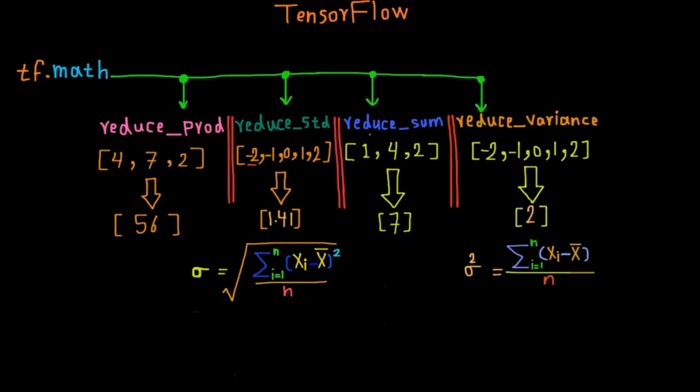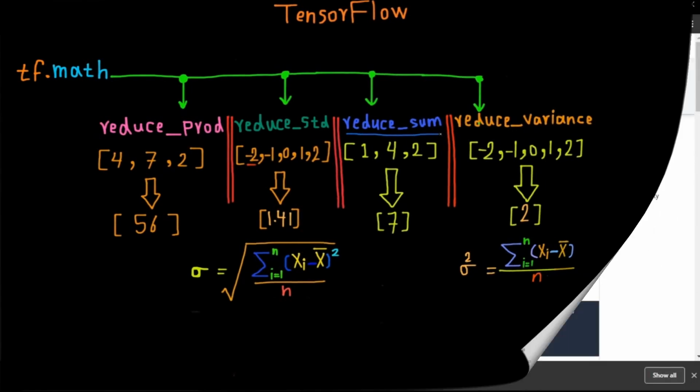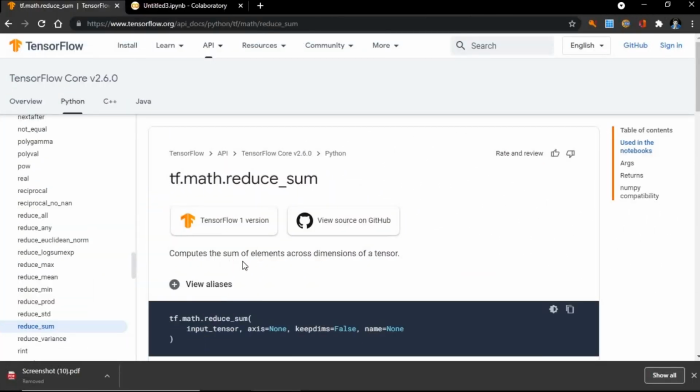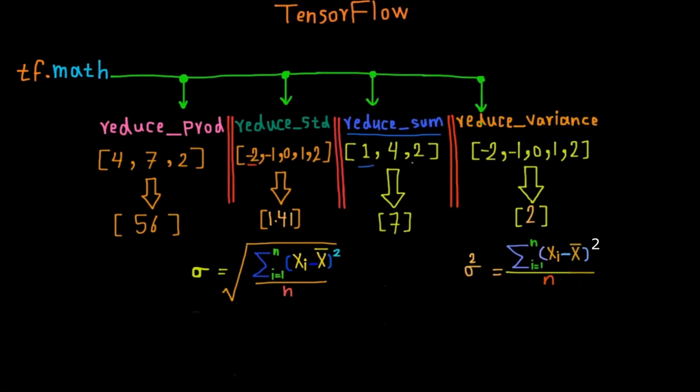Now let's talk about reduce sum function. This function computes the sum of elements across dimensions of a tensor. Let's take an example. Let's say we have this tensor with 3 elements in it. The first one is 1, and the second one is 4, and the last one is 2. As you can see here, this tensor is just one-dimensional tensor, so there's just one axis.